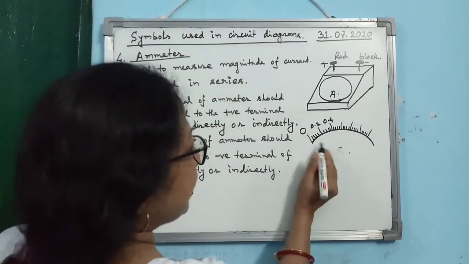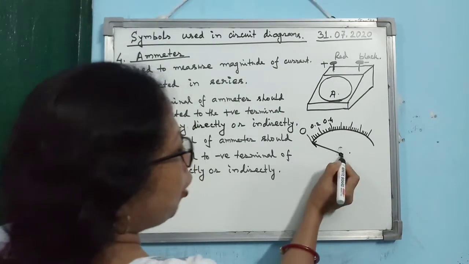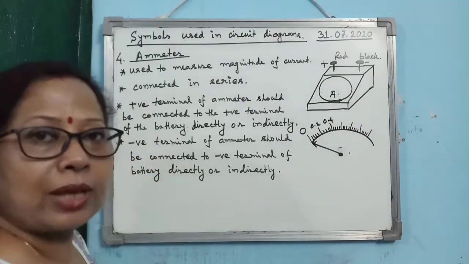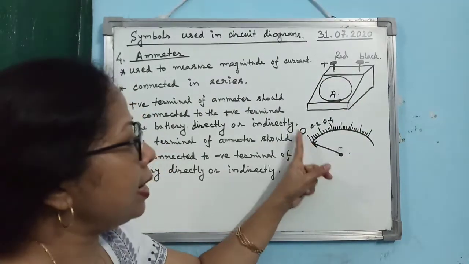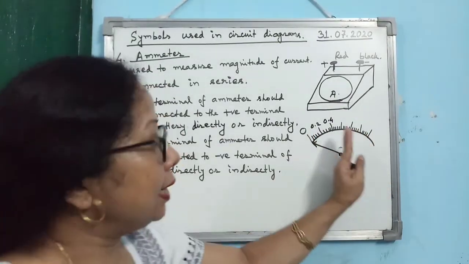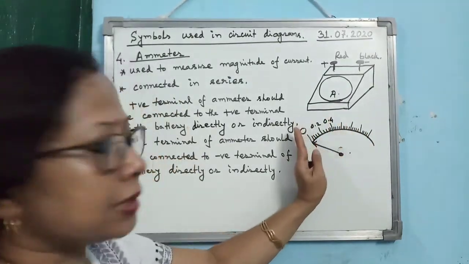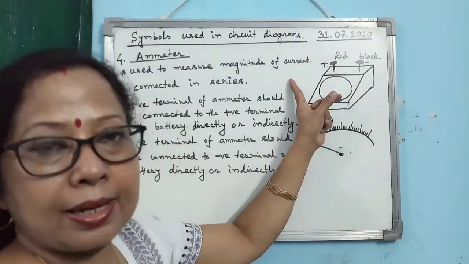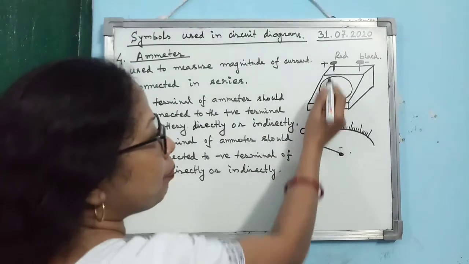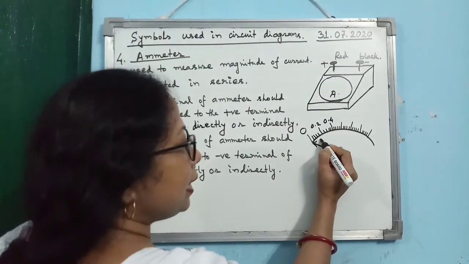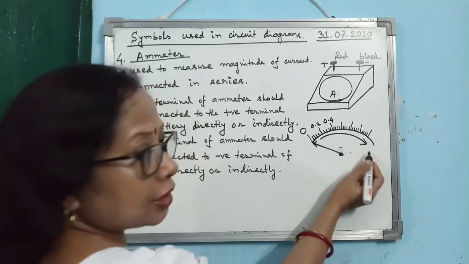And you will see there is a pointer. When no electric current is passing through the ammeter, the pointer will be touching 0 of the scale. And look at the scale very carefully. The 0 of the scale is on the left side and the positive terminal is also on the left side. So you see, when current enters through the positive terminal, the pointer can deflect only in this direction.